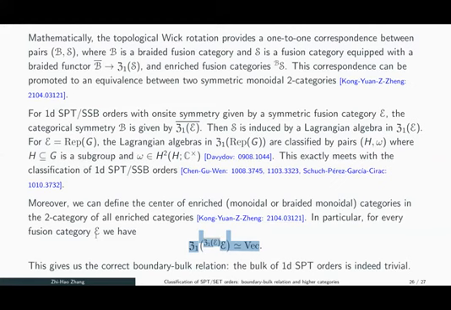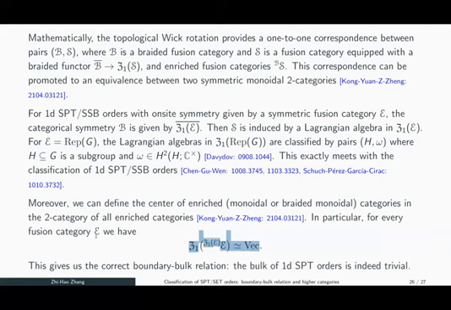More questions? I have a question. So when you say some SPT or SET is the bulk of another SPT or SET, do you assume the symmetries are the same between the bulk and boundary? Yes. But in reality, are there some cases where the symmetries are not the same?